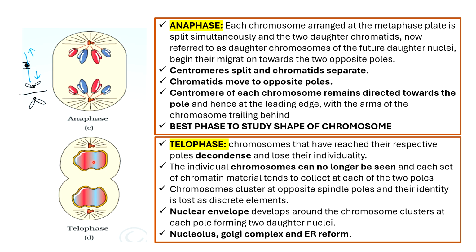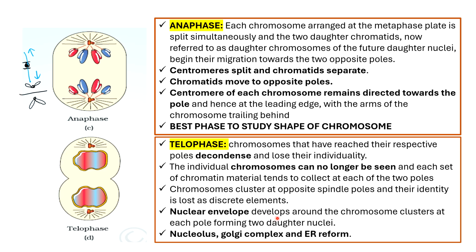They all decondense, they tangle up and lose their individuality. The individual chromosomes can no longer be seen, and each set of chromatin material tends to collect at each of the two poles. This becomes a nuclear region, the future nucleus of one of the daughter cells, and this is the future nucleus of the second daughter cell.